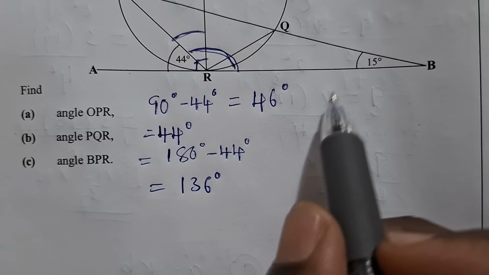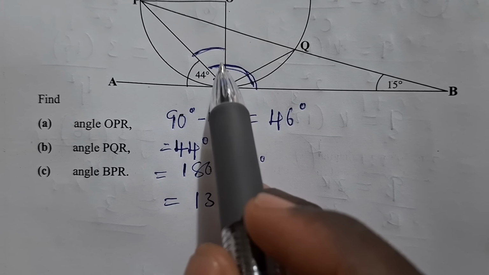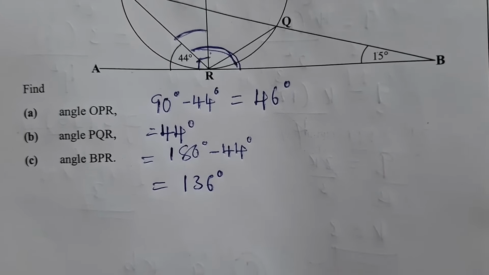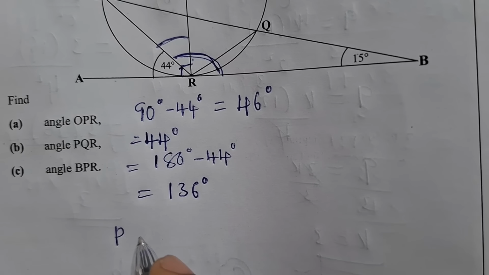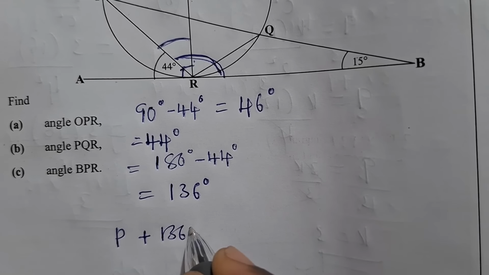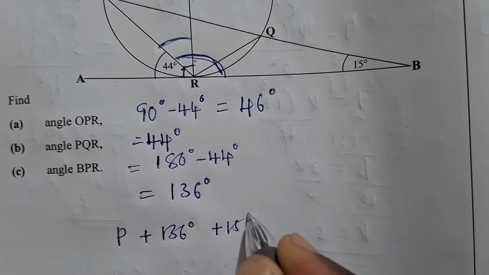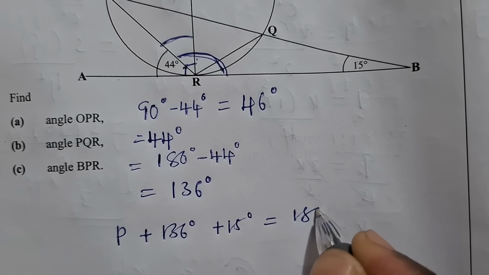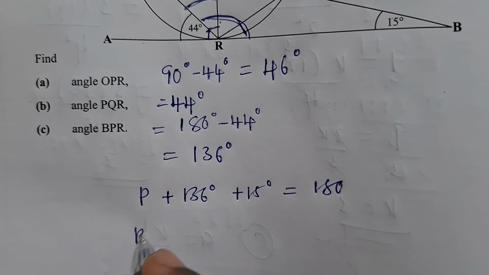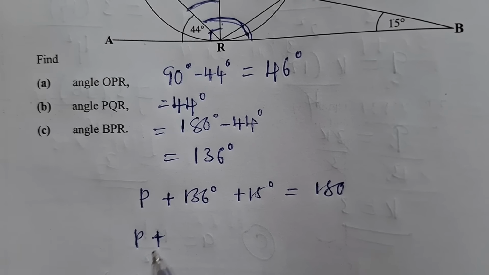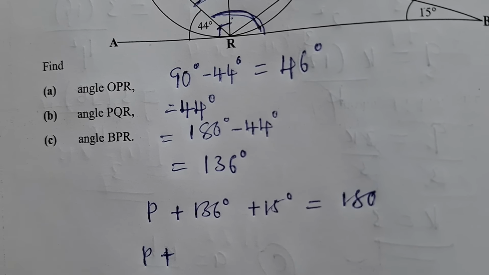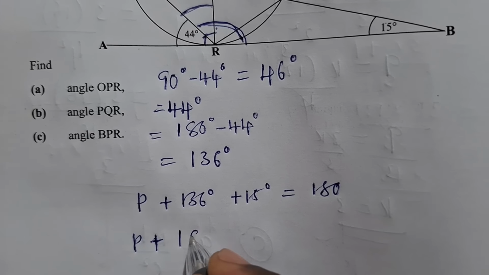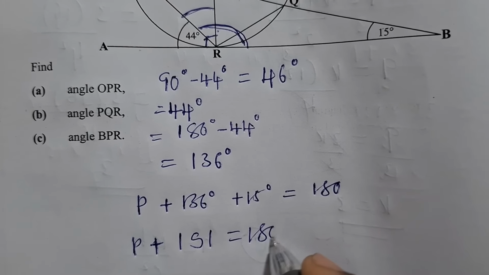So we use the property of a triangle. This angle plus this must give us 180. So we're going to call this angle P. So P plus 136 plus 15 degrees must give us 180. So P plus, when we add 136 plus 15, we are getting 151, which is equal to 180.